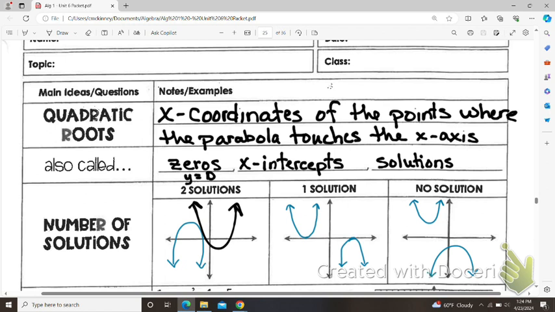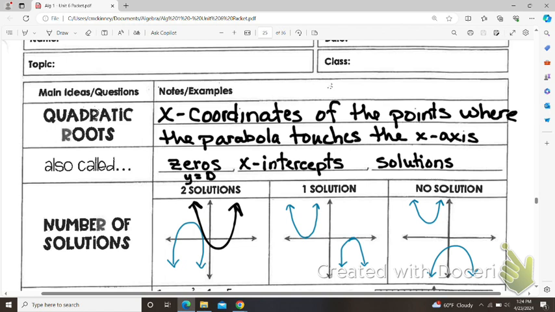Maybe the minimum is above the x-axis or the maximum is below the x-axis, and it just never crosses the x-axis. And so when we were doing the quadratic formula, if we got things like no real solutions, imaginary solutions, that's because they don't cross the x-axis.